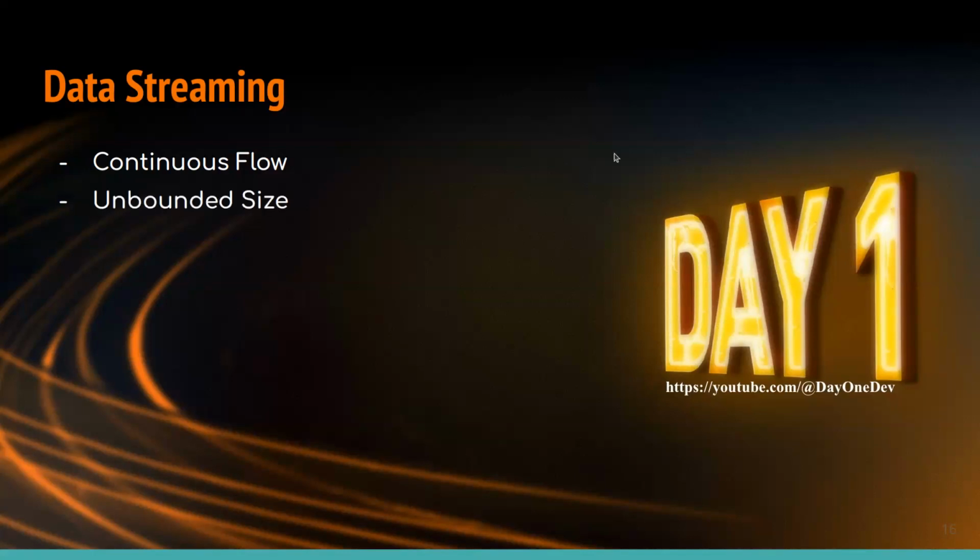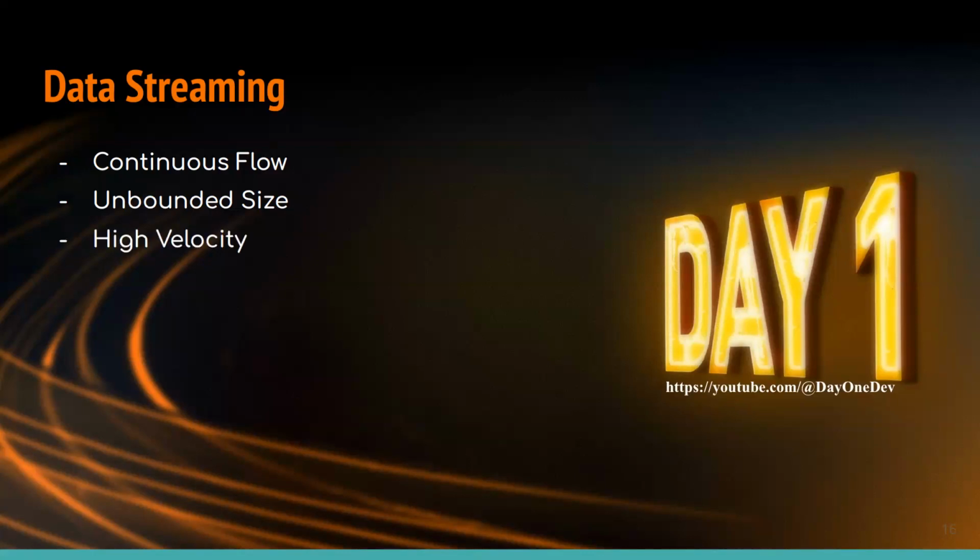And the second key feature is unbounded size. Data streams are technically, in theory, infinite in length, and new data arrives continuously generated from your source systems, and this also requires different processing techniques compared to finite data sets.